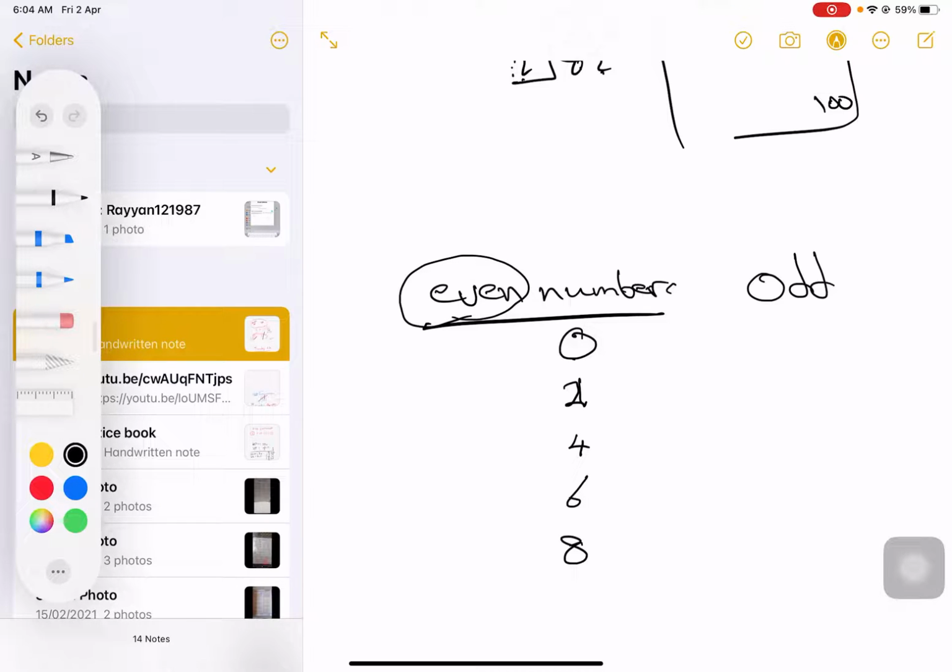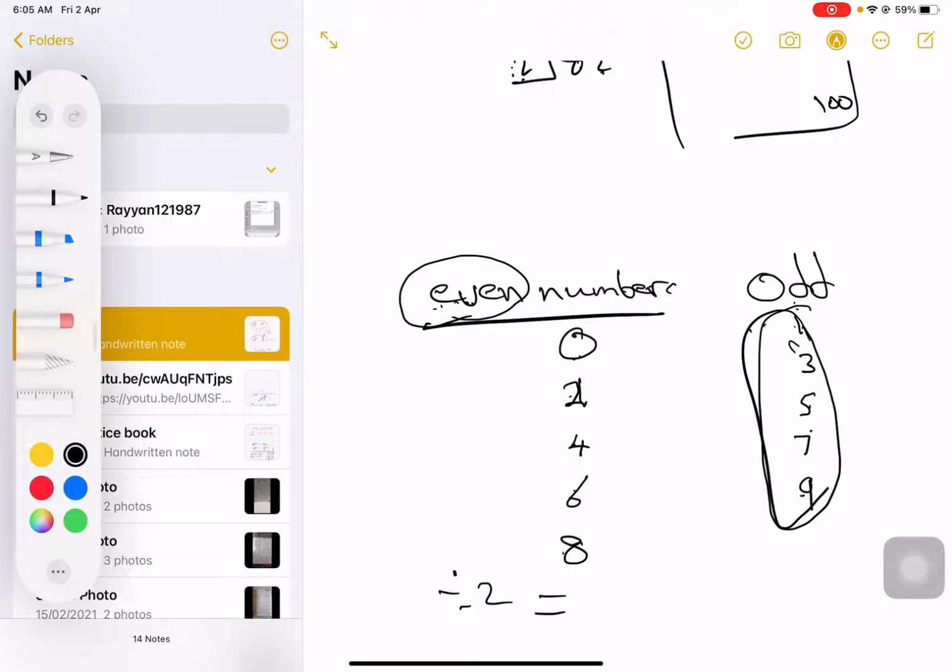If that number has 1, 3, 5, 7, 9 in the ones place, that means this number is odd. So if you notice 0, 2, 4, 6, 8 in the ones place, it's even, so it can divide by 2 without any remainder. If you notice 1, 3, 5, 7, 9 on the ones place, these are odd numbers. When you divide by 2, you are going to get a remainder. So we call these numbers odd, and they are not divisible by 2.